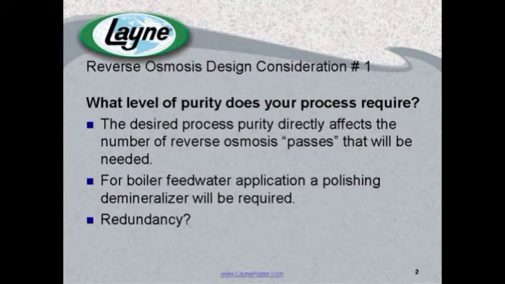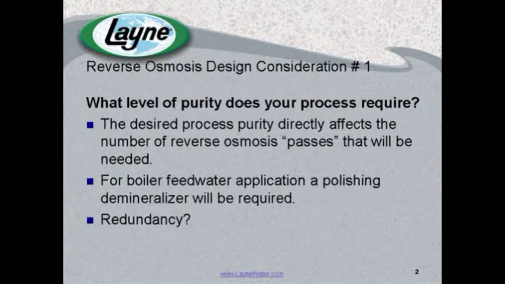Key design consideration number one is to make sure you have a clear understanding as to the purity and the quantity of water that you need your reverse osmosis system to produce. Now, in a power generation facility, it's pretty safe to say that the most popular use of reverse osmosis is for boiler feed water treatment.